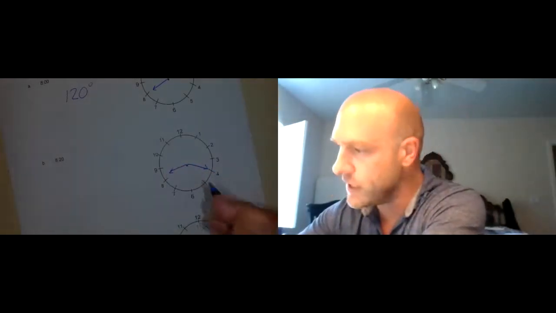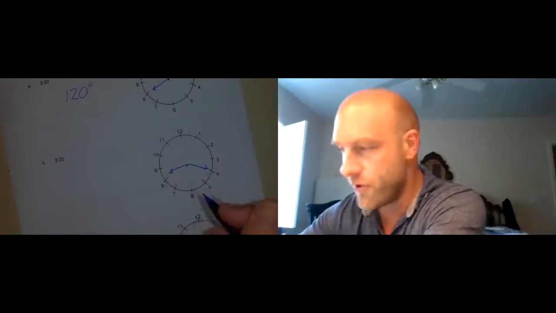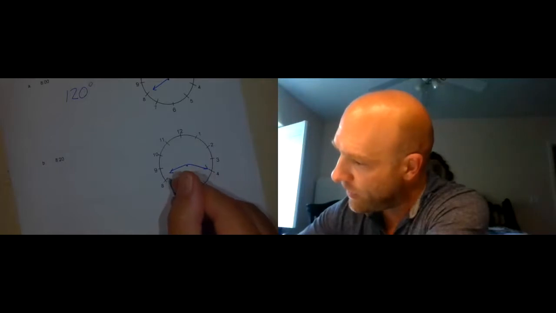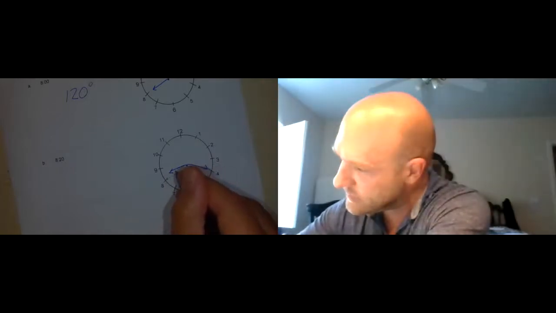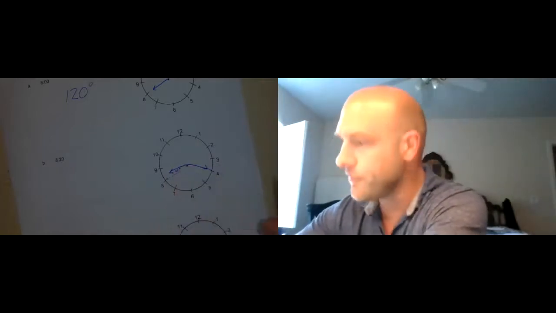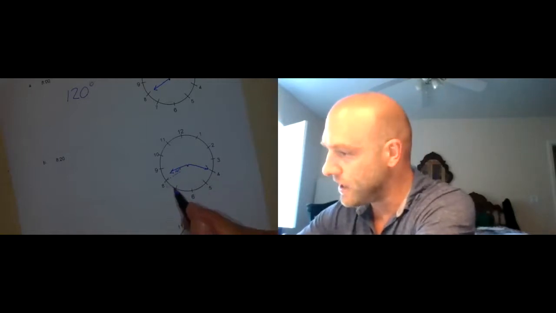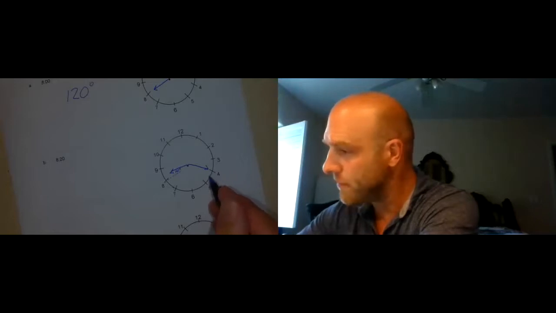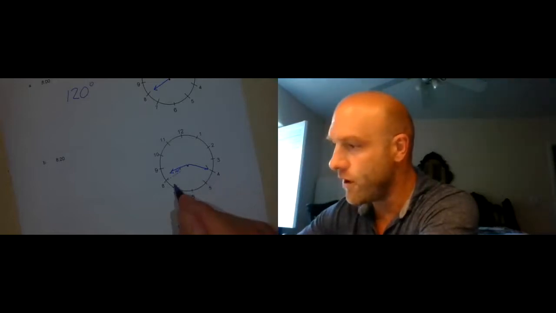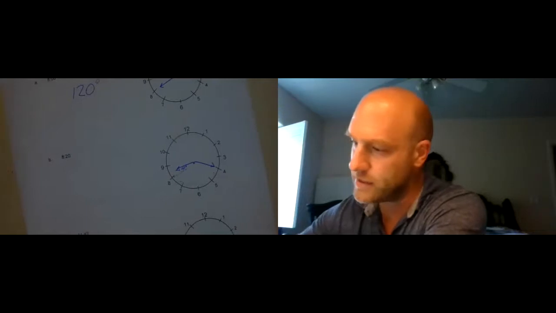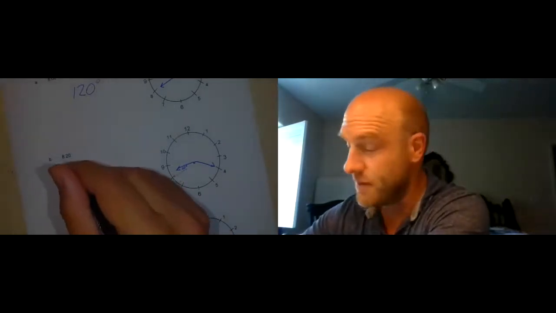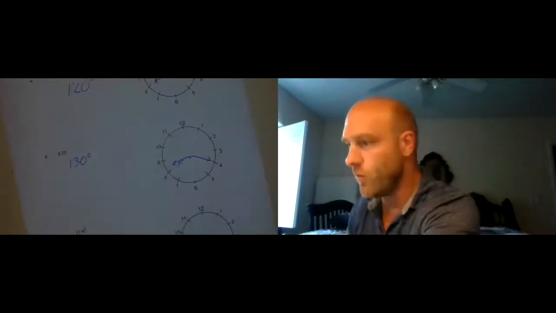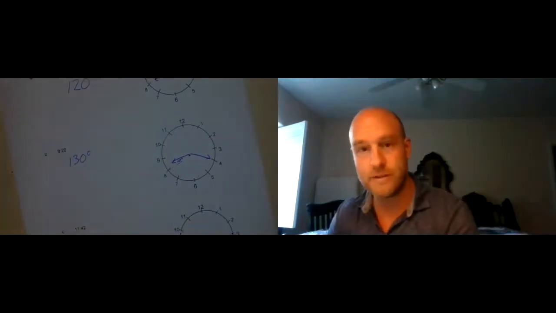Well, that's kind of convenient because we said that there is 30 degrees between each number, and if it's 1/3 of the way, then it is 10 degrees in there. So we've got 10 degrees plus a 30, another 30, another 30, another 30. If I count those up, I've got 1, 2, 3, 4 30s plus 10 degrees. That is 4 times 30, 120, plus another 10 degrees, brings us to 130 degrees.